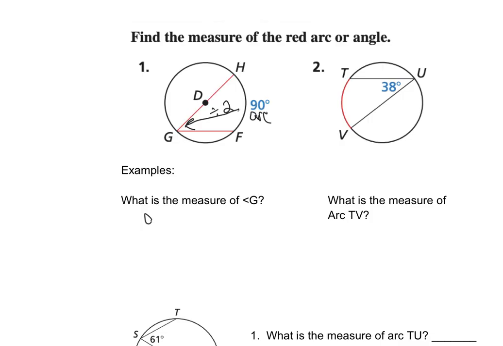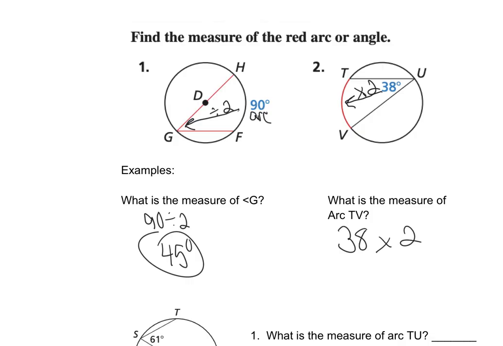So I would just have 90 divided by 2, which is 45 degrees. And then going the other way, I have an angle, and I want to know the arc. When I'm going from the tiny angle out to the bigger arc, I'm going to multiply it times 2. So I would take 38 times 2, which would be 76 degrees.